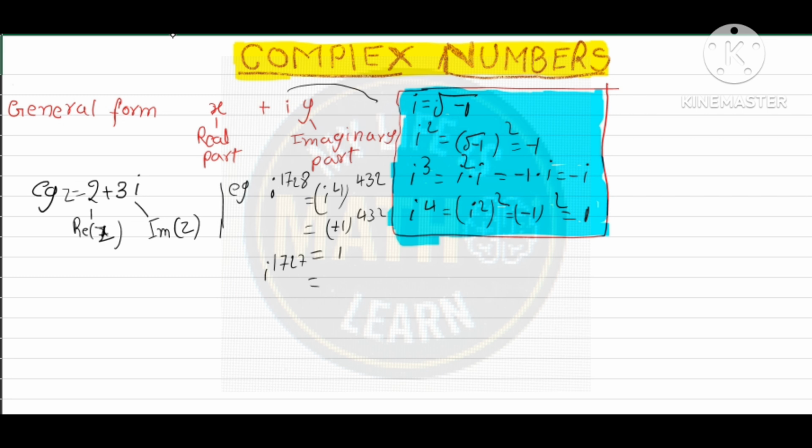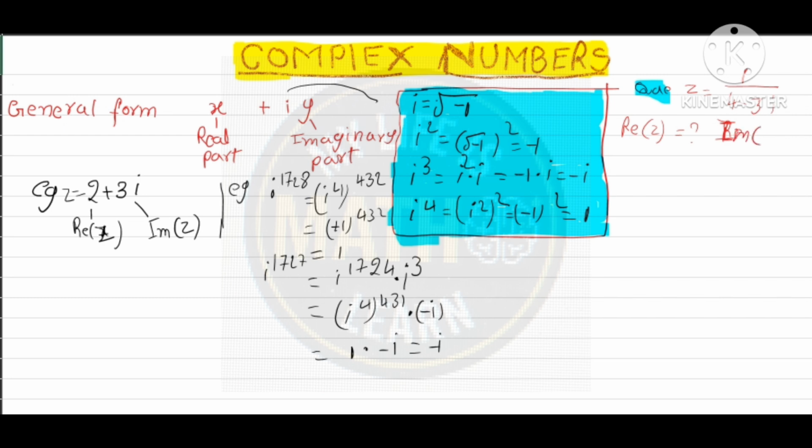Now i power 1727 we can write as i power 1724 into i cube. We will get i power 4 into 431 into i cube, that is 1 into minus i, that is equal to minus i.